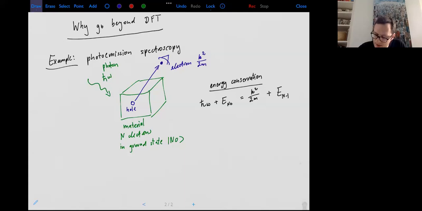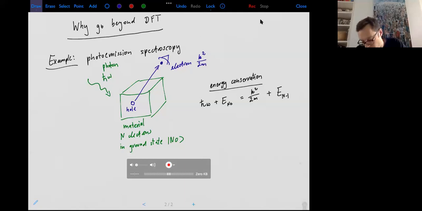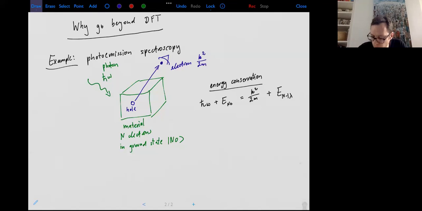There's a little subtlety, because these electrons don't need to be in their ground state. They could also be in an excited state. So we'll put in a little lambda, which labels one of the states of the material. It could be the ground state, or it could be an excited state.